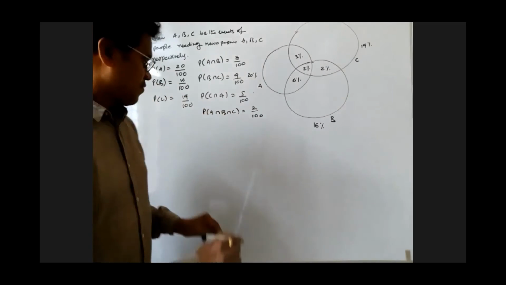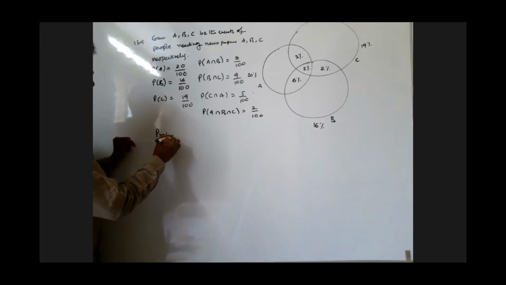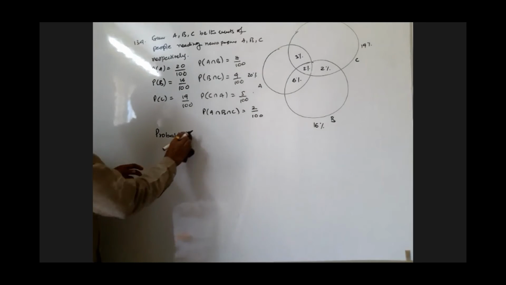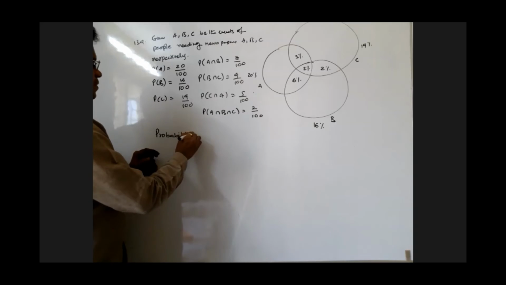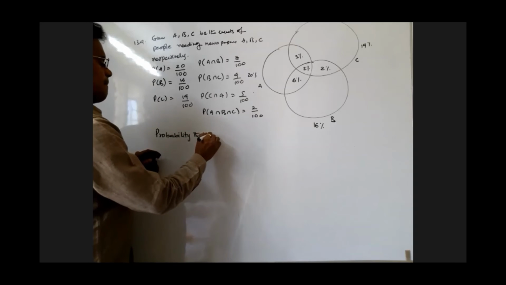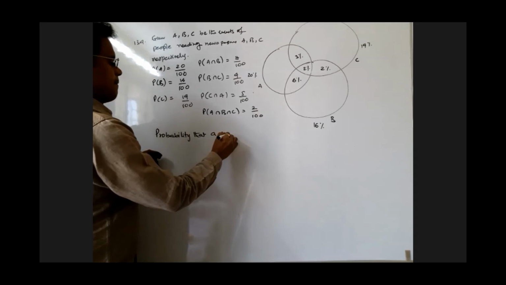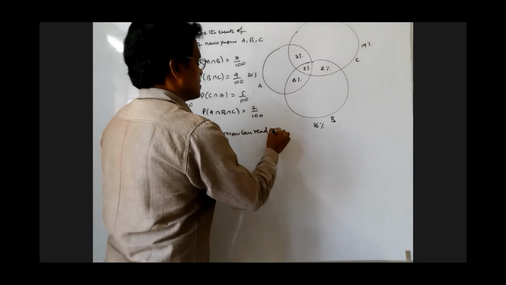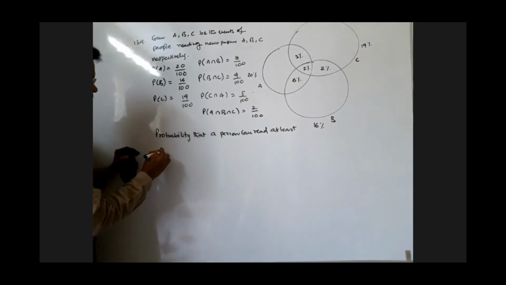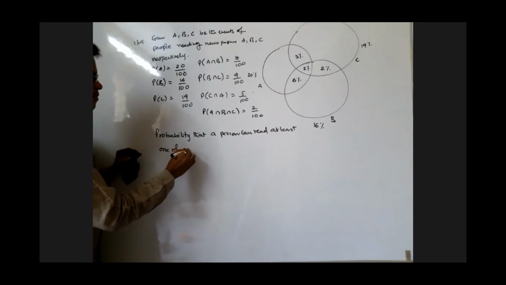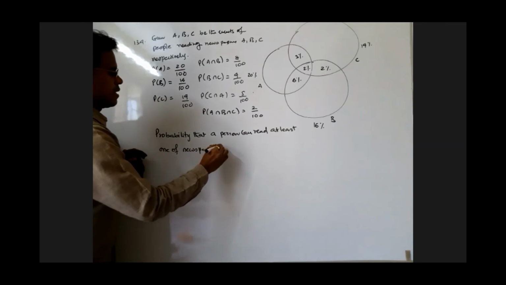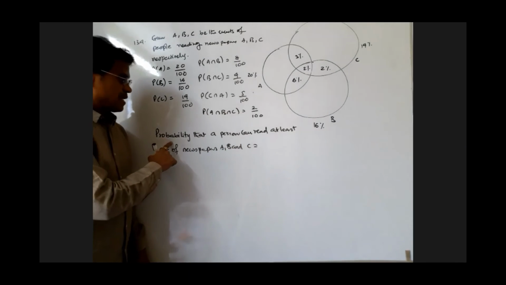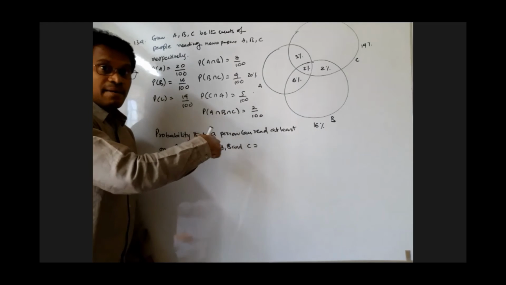The probability that a person can read at least one of the newspapers A, B, C. Let us see the sentence: probability that a randomly selected person.